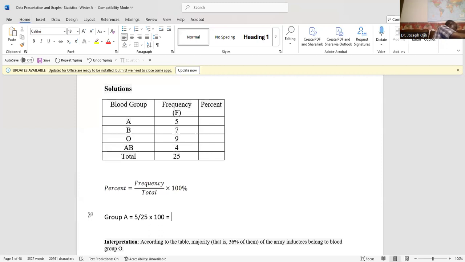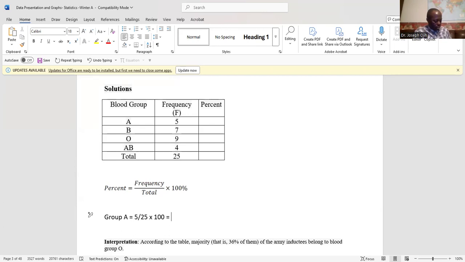Excuse me, let me get something from here. That will give you the percent for that group. And we put it in there. Okay. Let me retrieve some information from here. Okay, let's see. Something to help out.